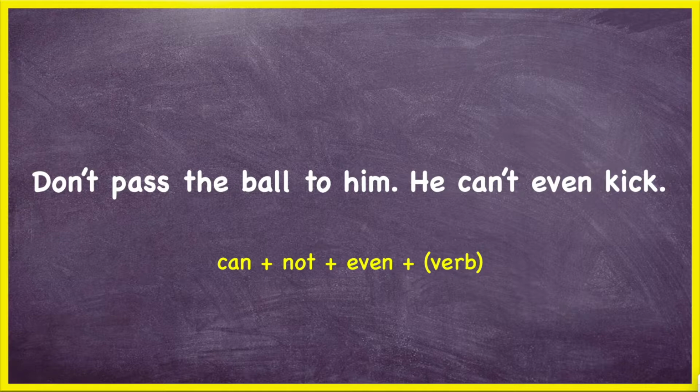You wouldn't say that, but you would say maybe he has never even kicked a ball, right? He has never done something. Then you would be using the present perfect simple to talk about something someone has never done. Never even done. So don't pass the ball to him. He has never even kicked a ball.